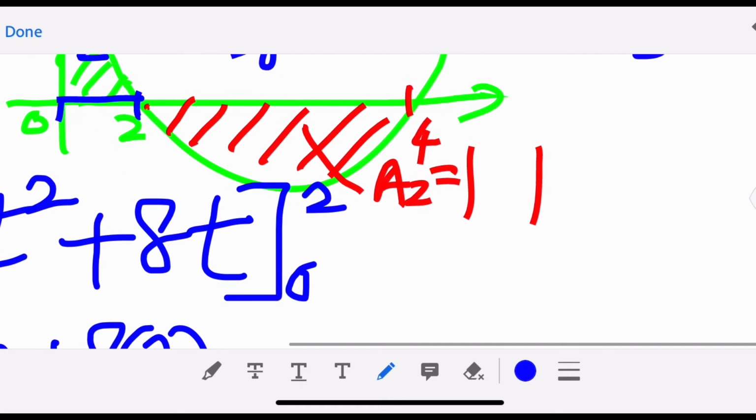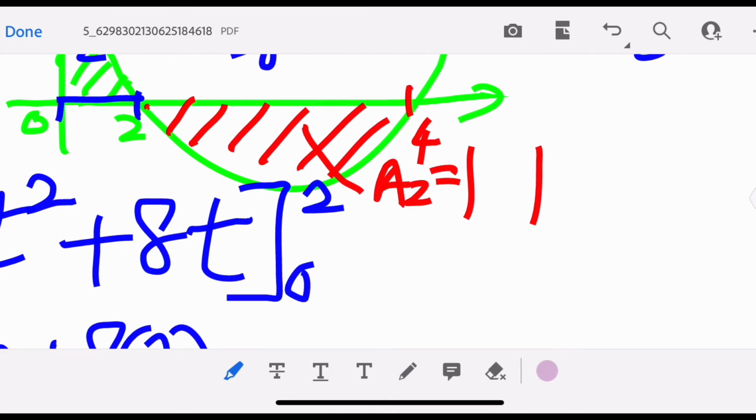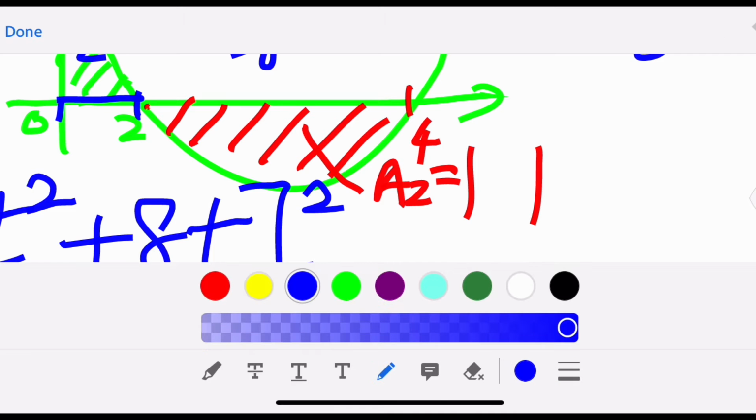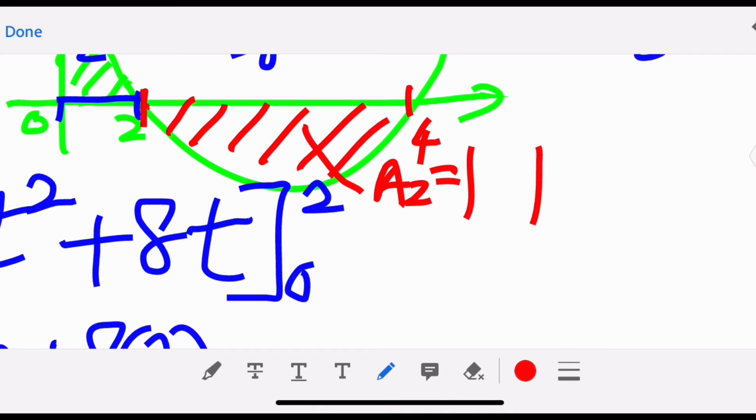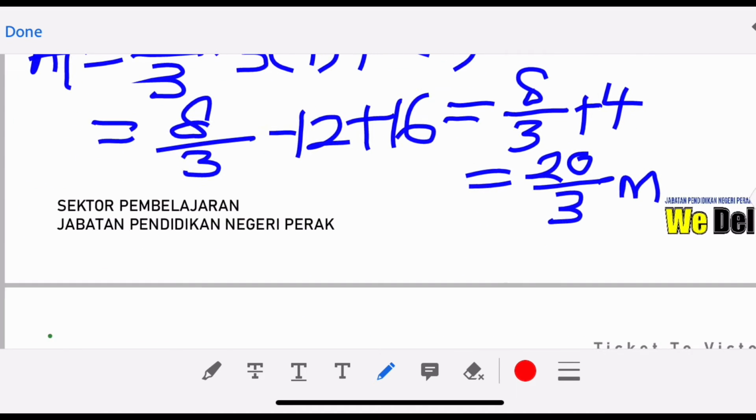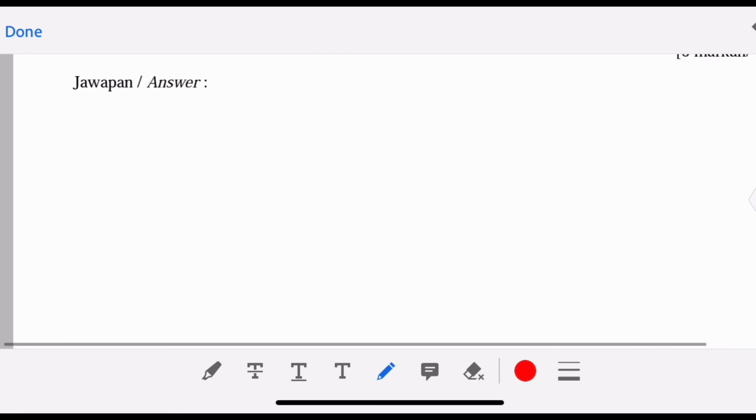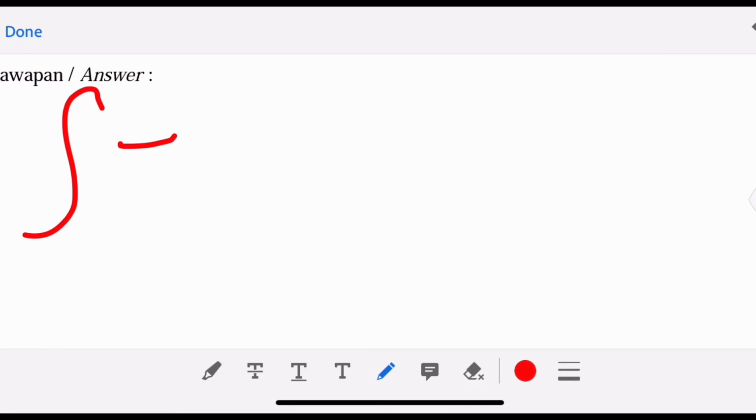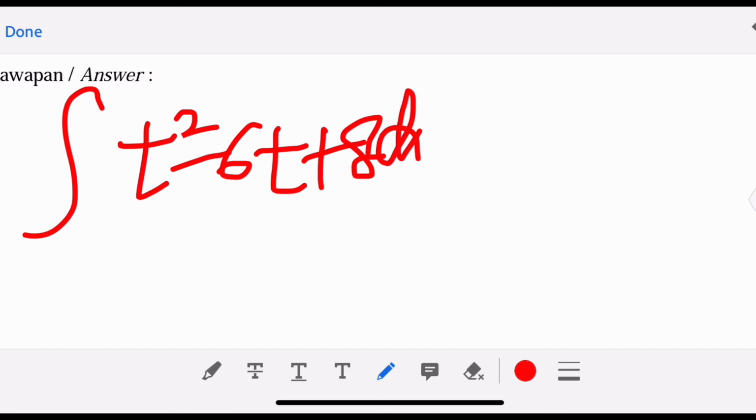And then for area 2, we have to integrate from 2 to 4 for this part, this area. So let's integrate t squared minus 6t plus 8 dt from 2 to 4.